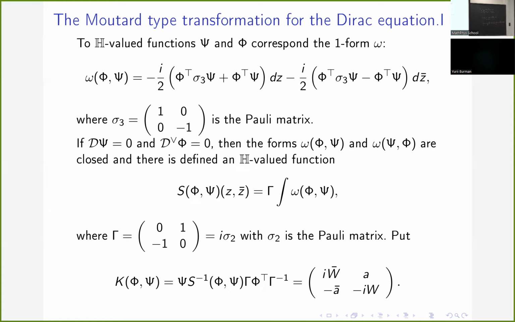And then we also put this matrix valued function, which depends on psi and phi, of this form. So there is some combination, which we divide into omega bar a minus a bar minus a omega. That would be an important matrix, no other computation.